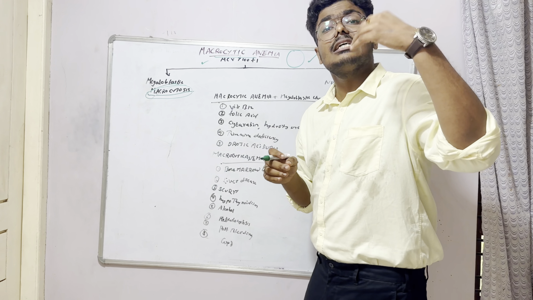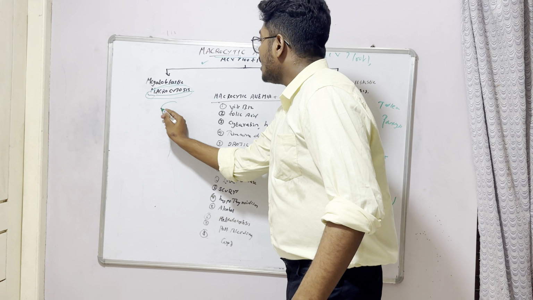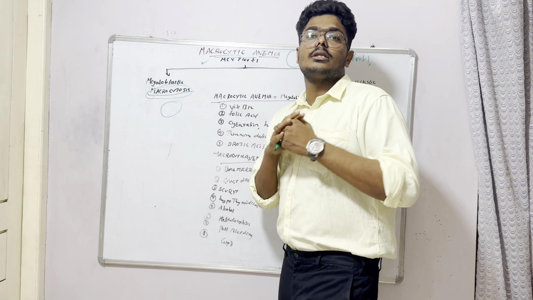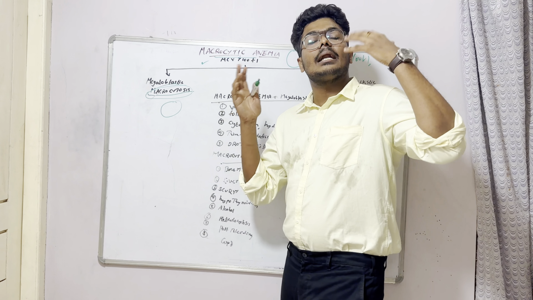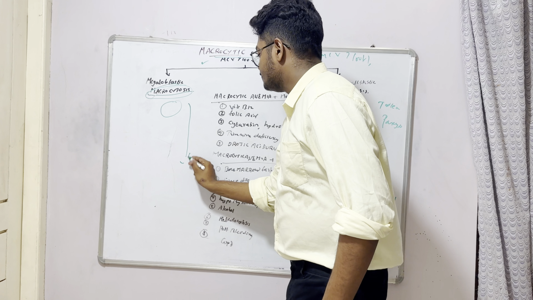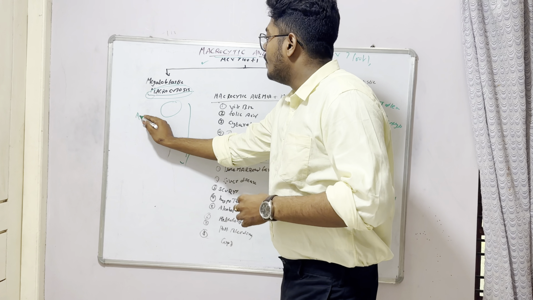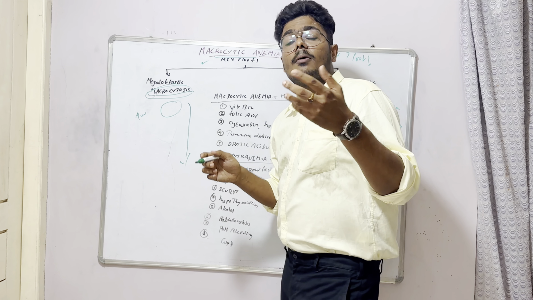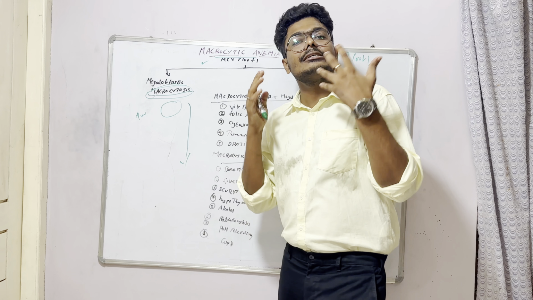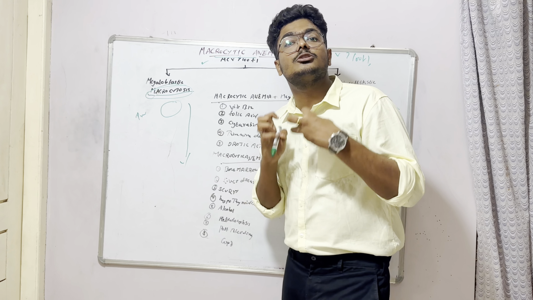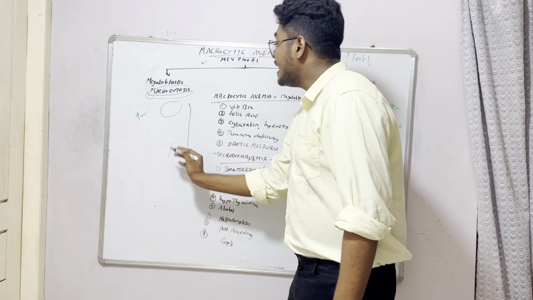Now, what is a megaloblastic macrocyte? I explained the erythropoiesis pathway to you. In the erythropoietic pathway, as the RBC precursors go down the line, like pronormoblast, early normoblast, late normoblast, the size of the RBC precursor actually decreases.